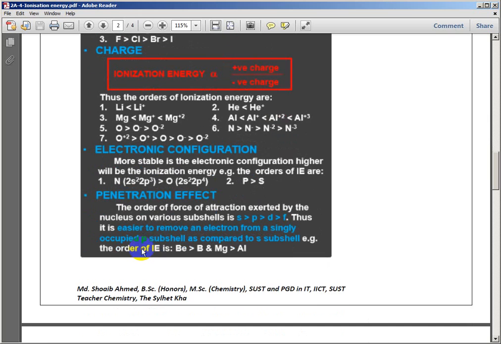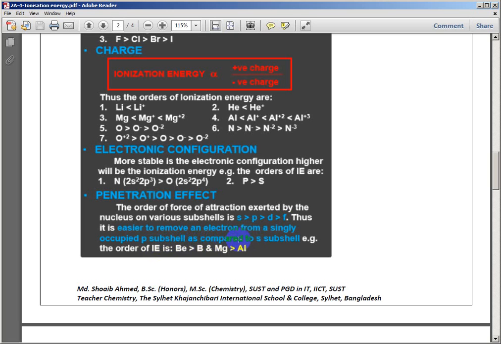And then the penetration effect, s orbital, p orbital. The order of force of attraction by the nucleus on various subshells is s, p, d, f. Thus it is easier to remove an electron from a singly occupied p orbital compared to an s orbital.